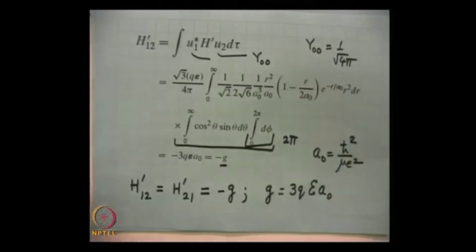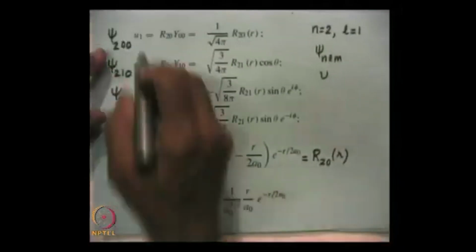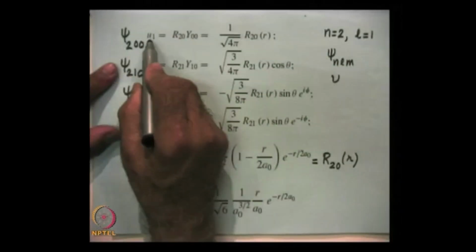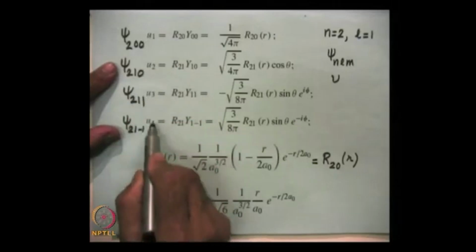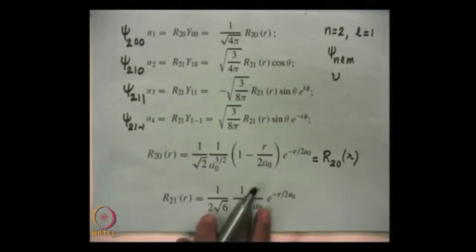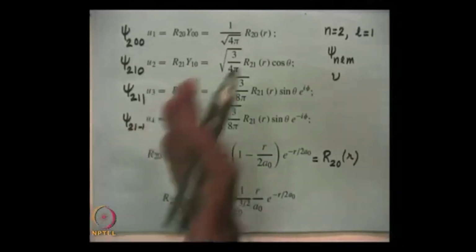So, once again, I have a four-fold degenerate state, and these are the 4 eigenfunctions u1, u2, u3, u4, and R2 0 and R2 1 are given by. We could have chosen any linear combination of them also.